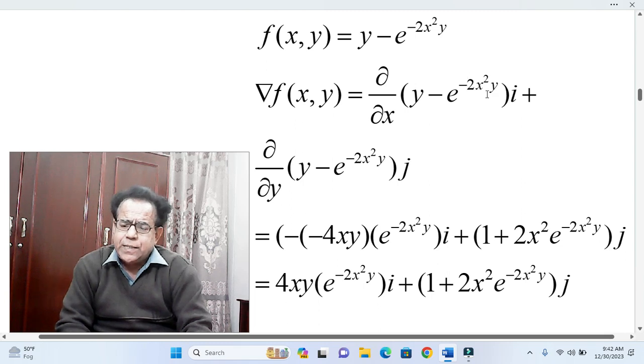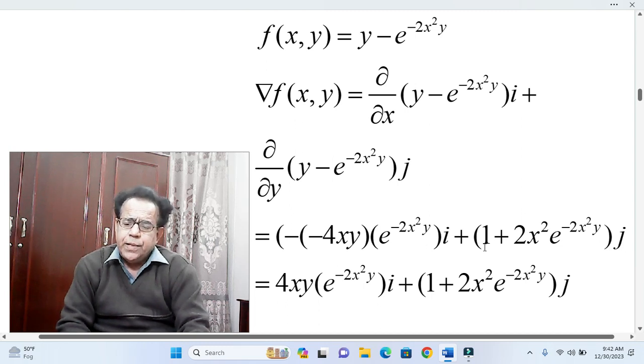Partial differentiation will become minus 4xy. So this minus stays, minus 4xy is the differentiation of the exponent, and next to this the whole factor will be written as it is.